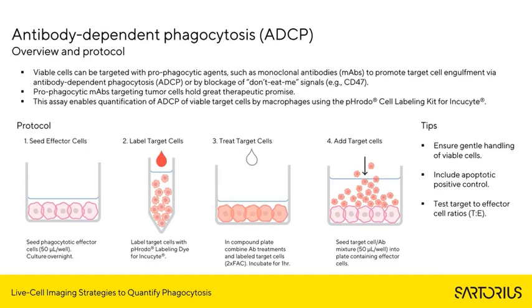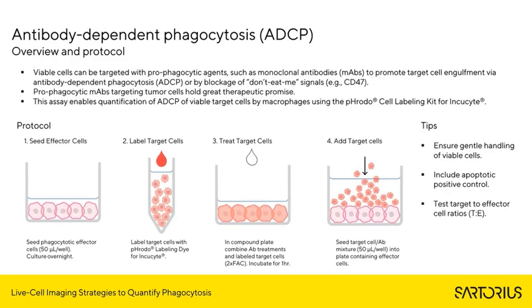The protocol shown here is for ADCP using non-adherent target cells. So on day 0, we can seed the effector cells into the 96-well plate and culture overnight. The following day, we can then label the target cells with the Frodo labeling dye, the concentration of which has been previously optimized.